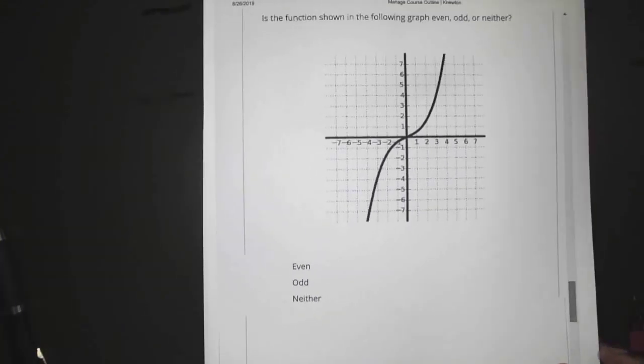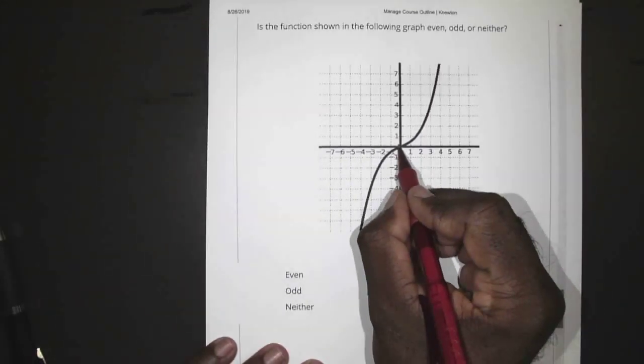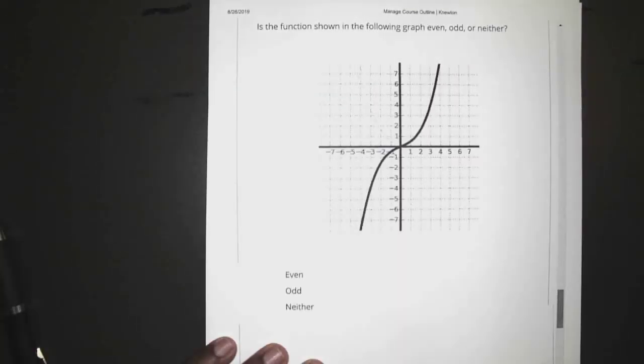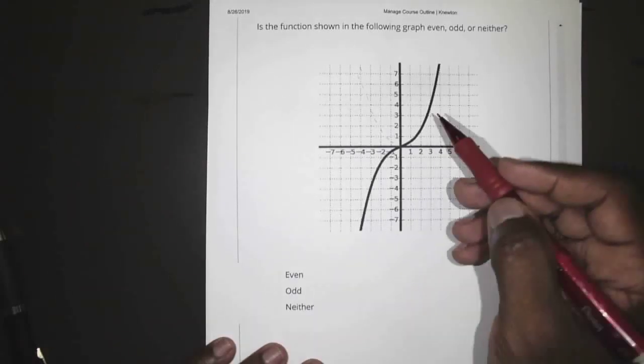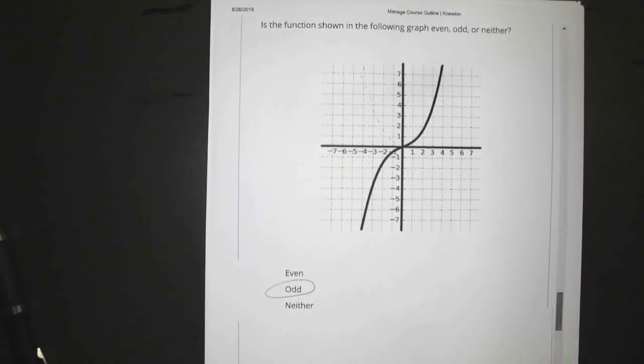Same with this one here. That one is which one? Yep, it's odd. Because if you reflect it across the y-axis, you kind of get that. And then if you reflect it back that way, it matches.